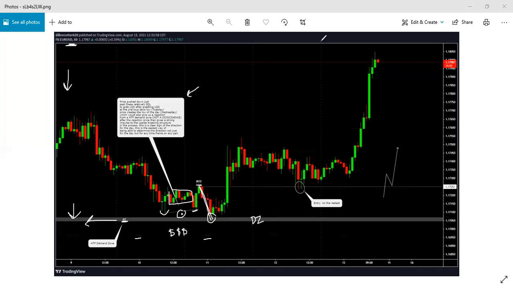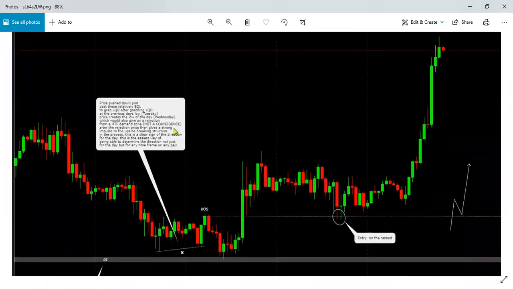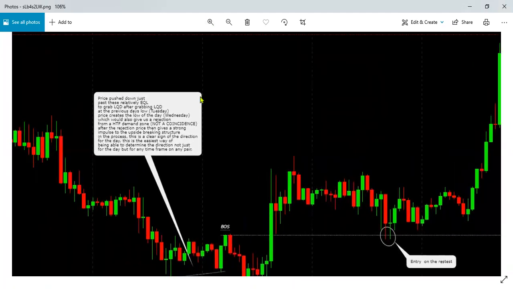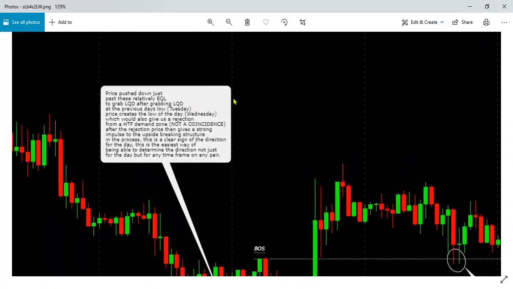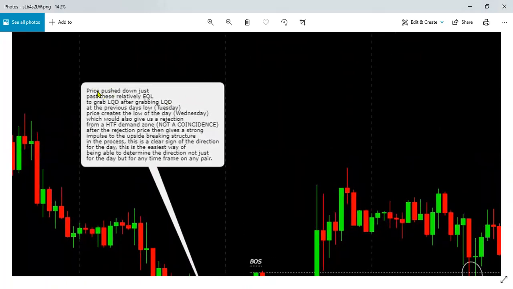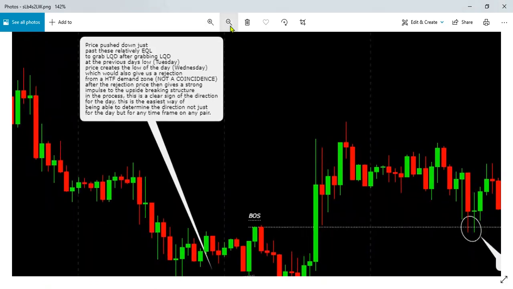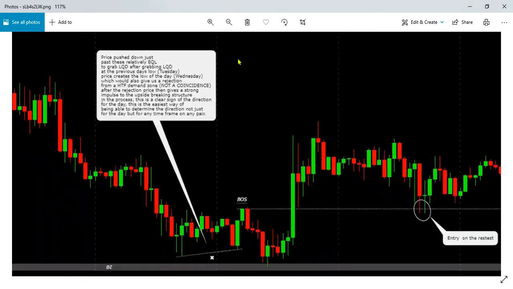It's no coincidence. So if we look at this, we see right here, and you can take the time to pause this and read it if you want, but it's basically describing what's happening in this setup.